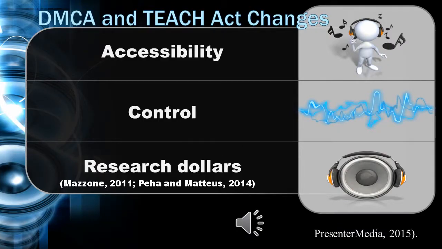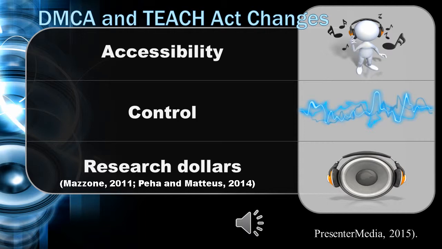The changes that I would make to the DMCA and TEACH Act would involve making it easier for teachers and students to access materials of any kind, whether they be audio or files or PDFs, art.